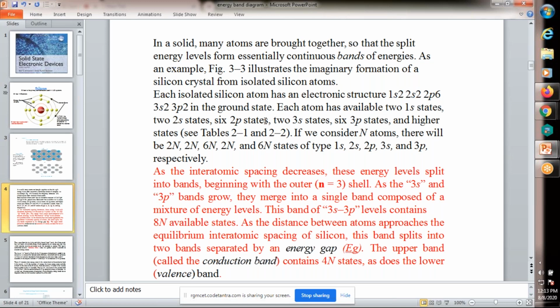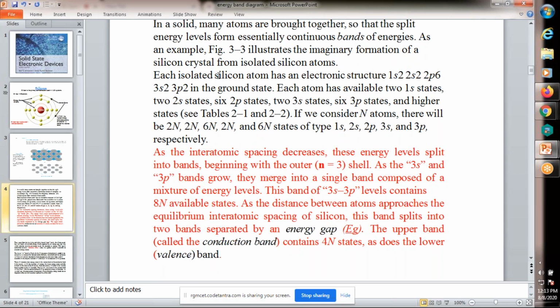Now suppose you consider silicon. Each isolated silicon atom has an electronic structure 1s2, 2s2, 2p6, 3s2, 3p2 in the ground state. Each atom has available 2 1s states, 2 2s states, 6 2p states, 2 3s states, and 6 3p states.